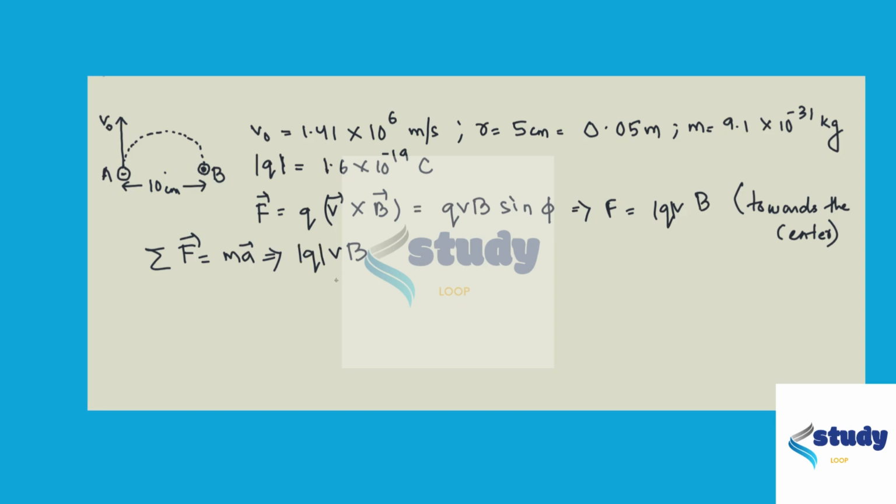That's the reason we are taking the mod here, and this is equal to mass times centripetal acceleration, which is v squared over r, where r is the radius of the semicircle. And this gives the magnetic field to be mv over |q| times r.